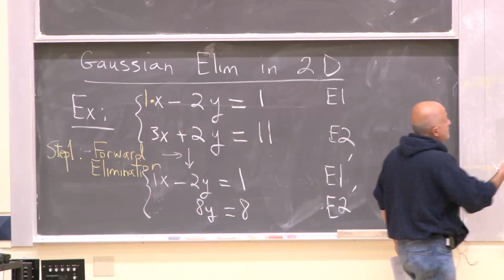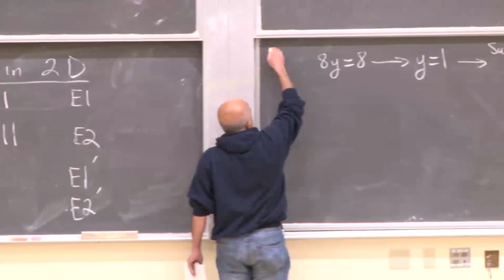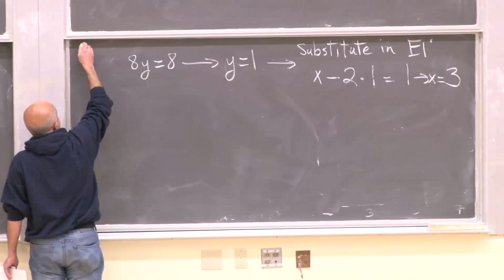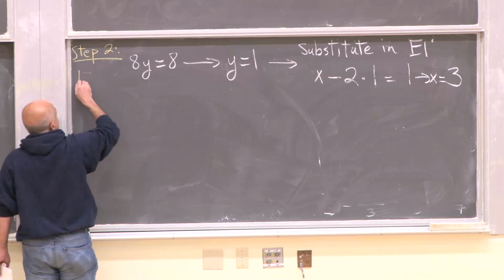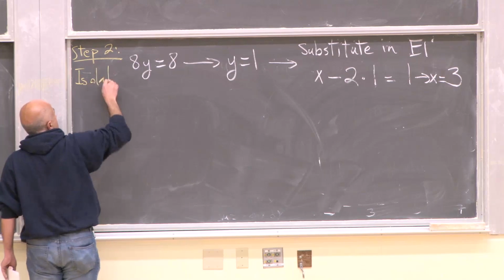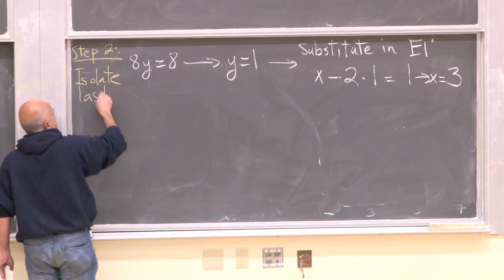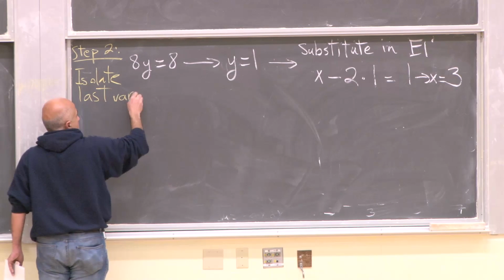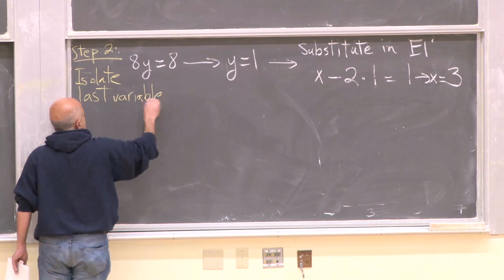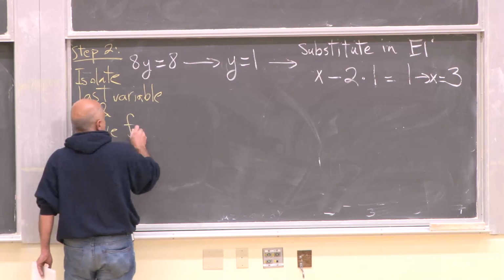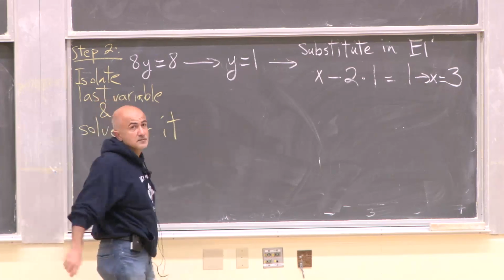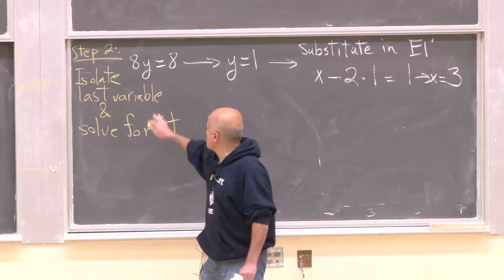Step 2 is basically to isolate the last variable. In this case, the last variable is y, and solve for it. Okay, so that's here.